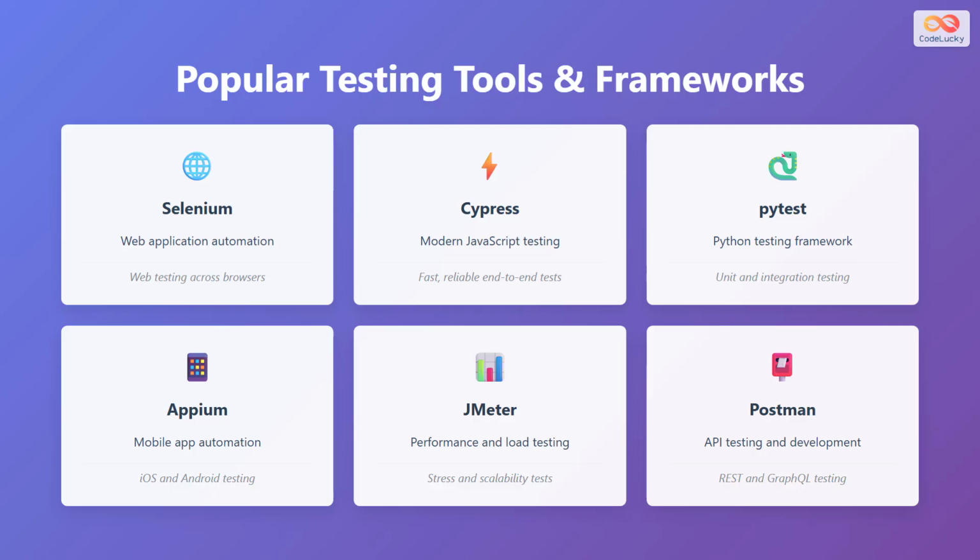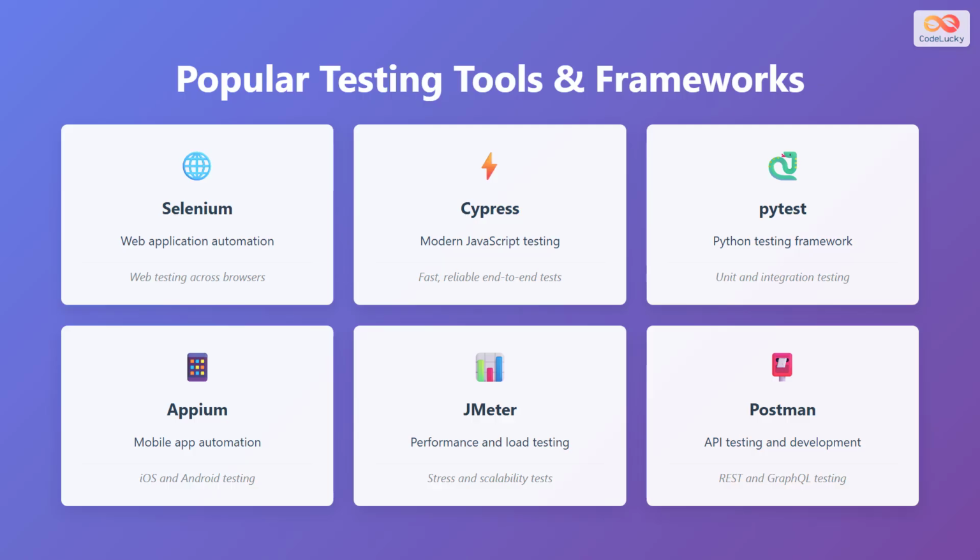The QA industry has many powerful tools available. Selenium is widely used for web application automation across multiple browsers. Cypress is a modern JavaScript-based tool that enables fast and reliable end-to-end testing. Pytest is a Python framework ideal for unit and integration testing.